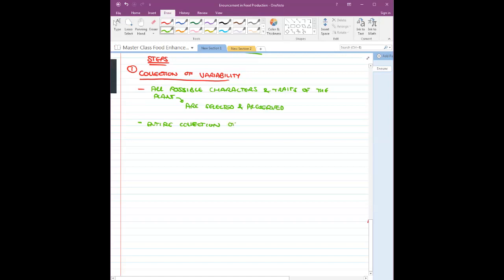Entire collection of different types of alleles, this is known as germplasm, or germ pool. So guys, just understand this. This is nothing but a collection of plants where all the possible characters and their genes are available. So tomorrow if you want to combine two characteristics from two different plants, you have both the plants in your hand.